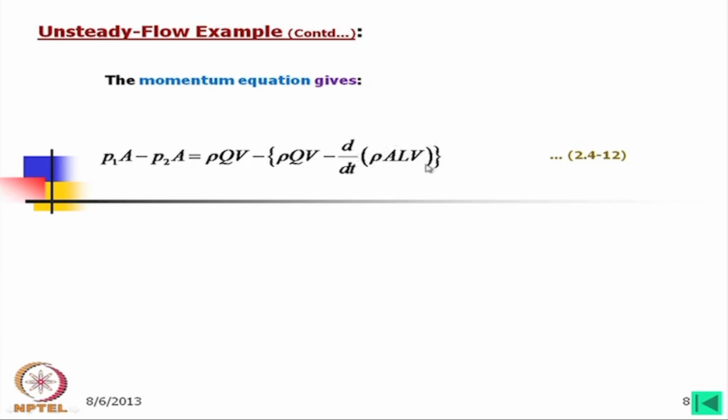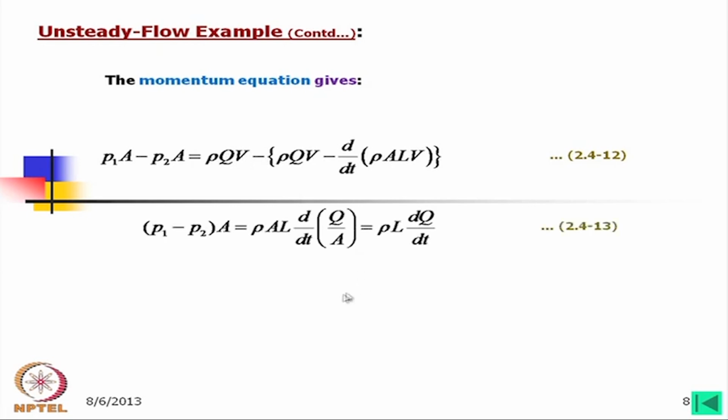So, rate of change of mass minus the mass in. Now, this gives clearly P1 minus P2 into A, that is the force, is equal to rho A L d by dt of Q by A. If you equate this, we will arrive here, and this gives clearly rho L dQ by dt as A is constant. This A will cancel out.